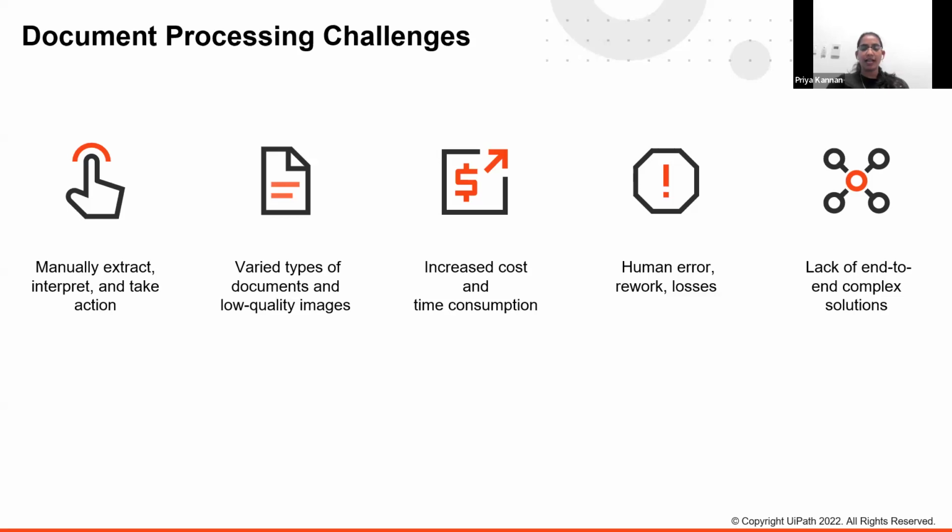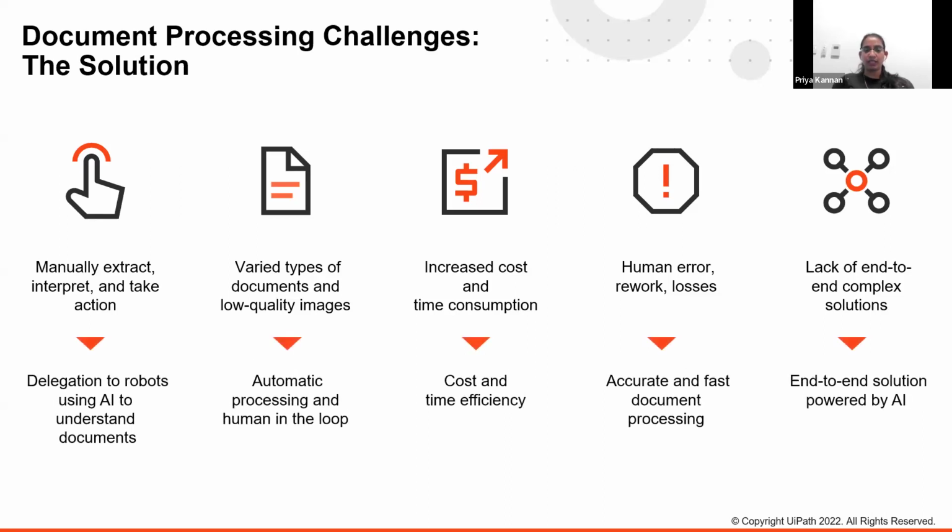So to handle this, and the errors that can occur when we process documents manually, how will our document understanding solution help? Why does a person have to do everything manually? Why can't we let the bot do it, teach it how to do it, and then it will learn from this and take action? If the bot is not able to take some action, then it will ask us to help it.